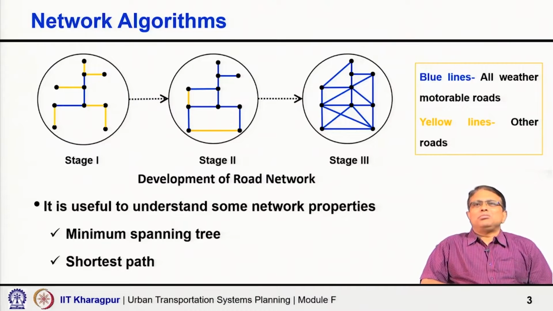And then you have one major road, maybe a state highway or an MDR, passing through that area, and that is the proper road. So, at this stage 1, what is the first attempt? The first attempt should be to develop the road network, considering all these nodes as village centroids.